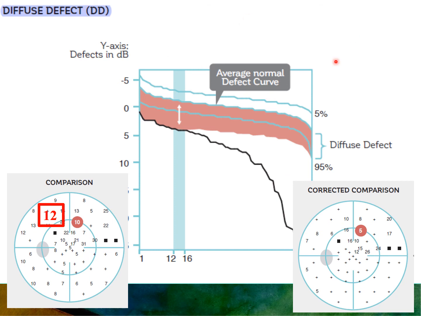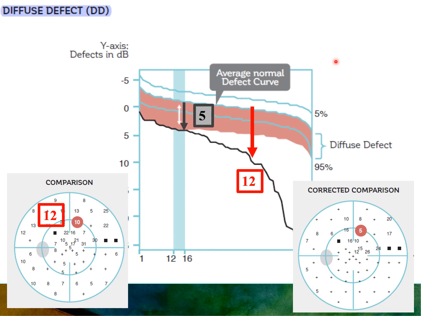Let's see this example. This patient was found to have a diffused defect of a value of 5 decibels. In the comparison table, a point was found to be 12 decibels below normal.